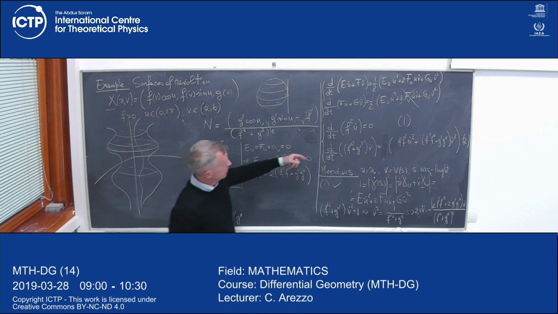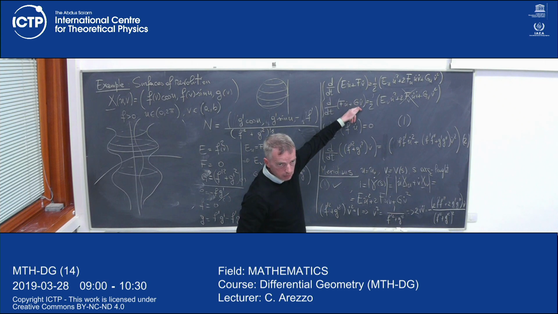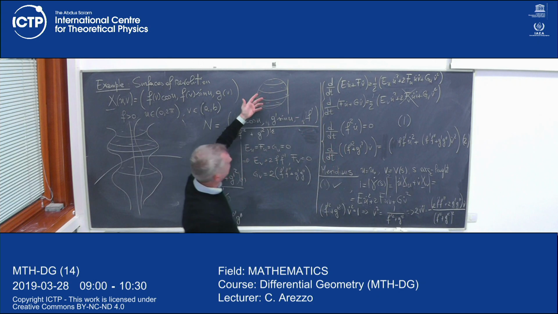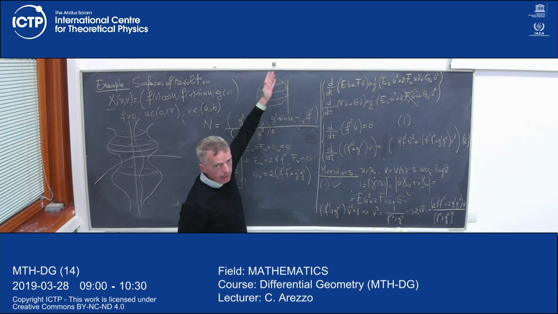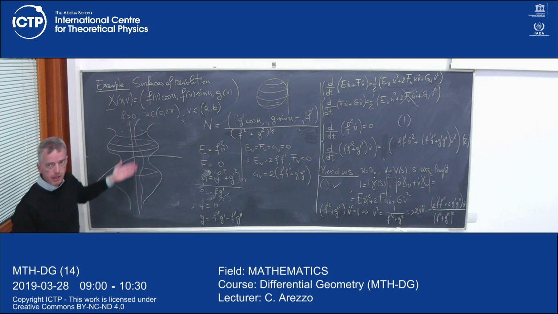Just write down the corresponding system. This time it will be u dot which disappears, and you are left with v dot. You write down the system, and you have to prove that a parallel is a geodesic if and only if the tangent vector to the curve that you are rotating is parallel to the rotation axis. In our convention, the rotation axis was fixed to be the z-axis.